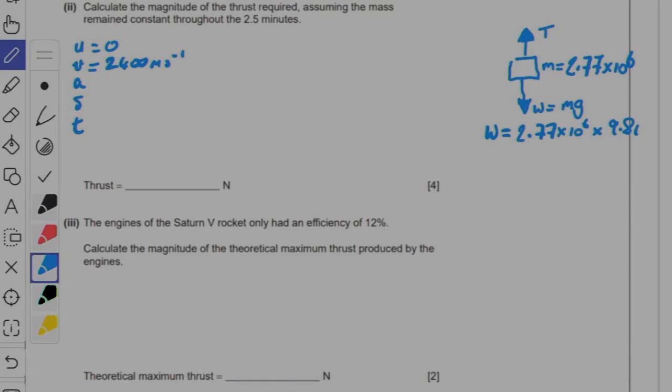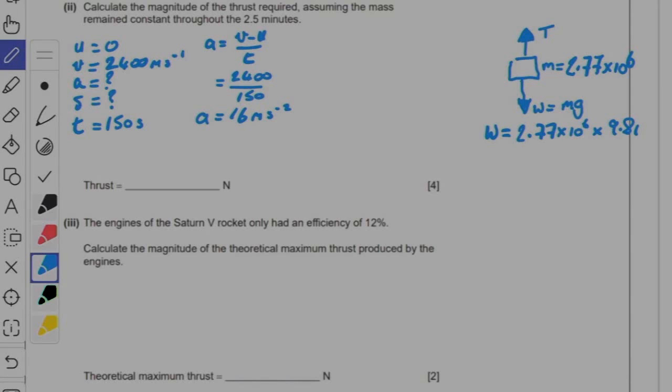We know it takes 2.5 minutes to do that, so t will be 2.5 times 60, which is 150 seconds. We don't know the displacement, and we don't know a because we're trying to find it. But we have everything we need, because a would be v minus u over t. So a is going to be 2400 over 150. So a equals 16 meters per second squared.